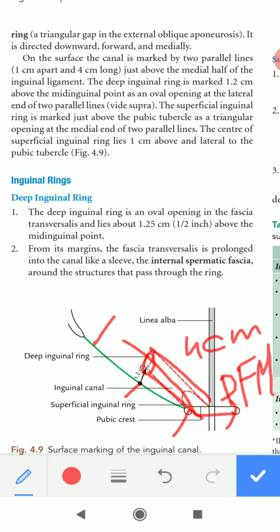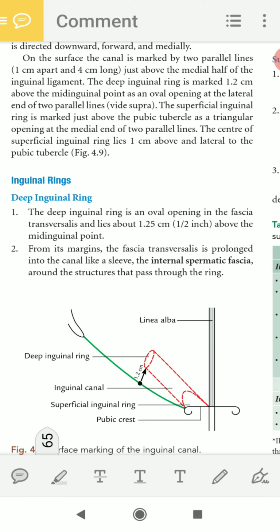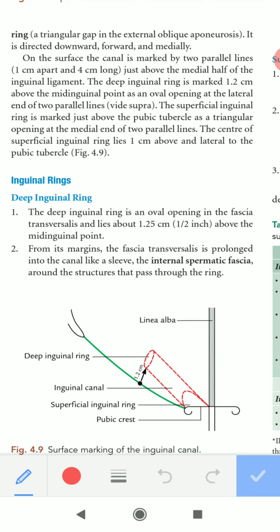Now, why is this inguinal canal formed? What is the reason for the formation of this inguinal canal? It is formed due to the descent of the testis or ovary, that means the gonad, into the scrotum or pelvis during the fetal development.